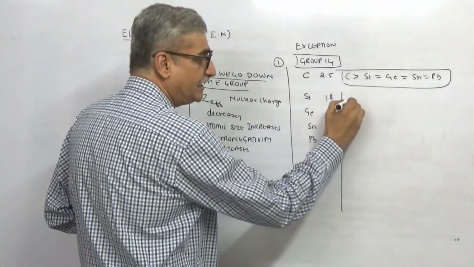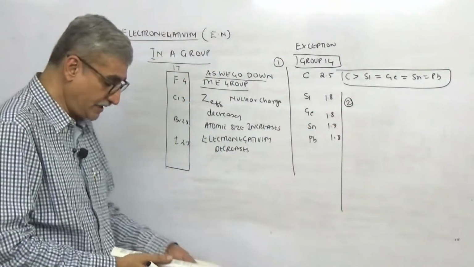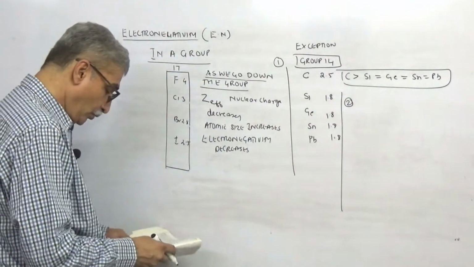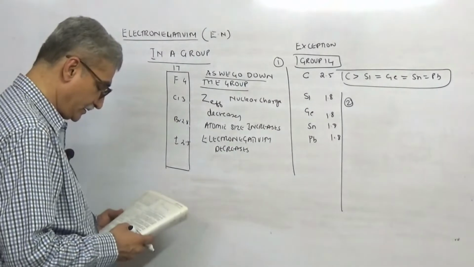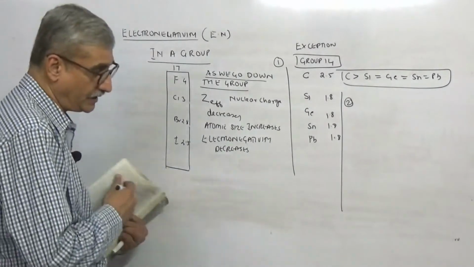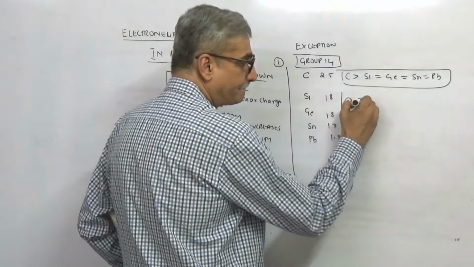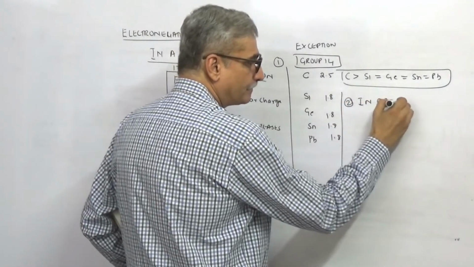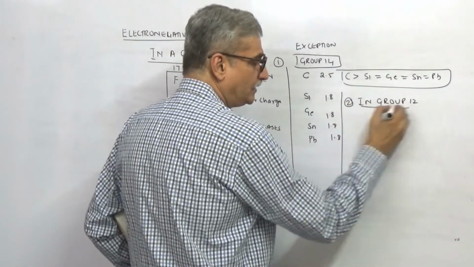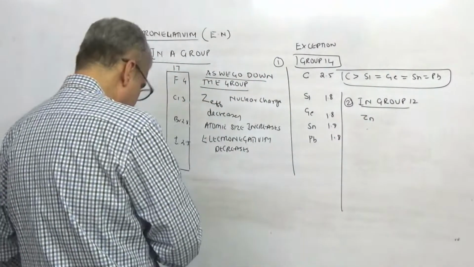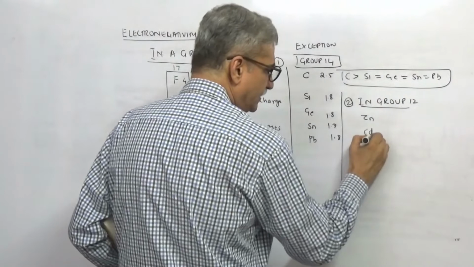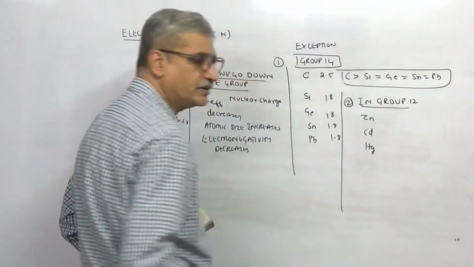Now we will come to the second exception. What happens in case of group 12? In group 12, this is an exception. You have zinc, then cadmium, and then mercury.